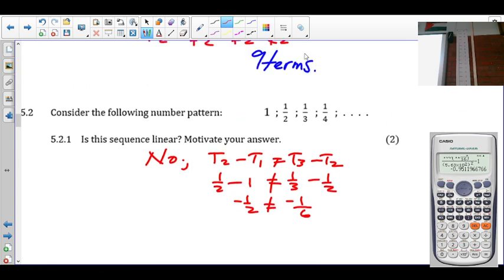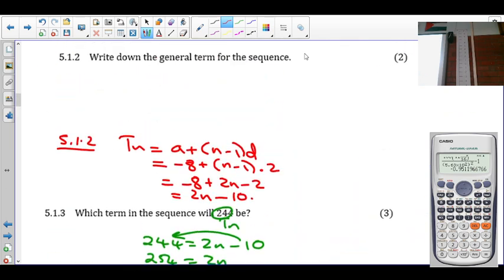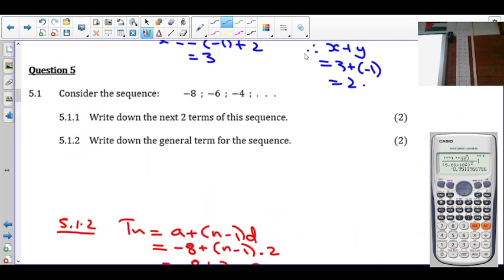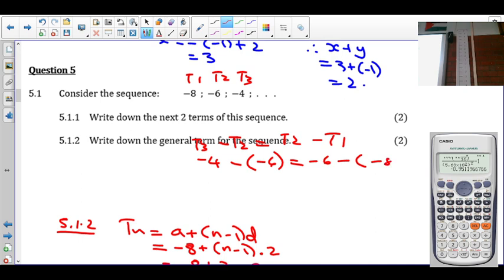Like if you look at the previous sum here, let's say this was term 1, term 2, term 3. So if term 3 minus term 2 is equal to term 2 minus term 1. So negative 4 minus minus 6 should be equal to negative 6 minus minus 8.